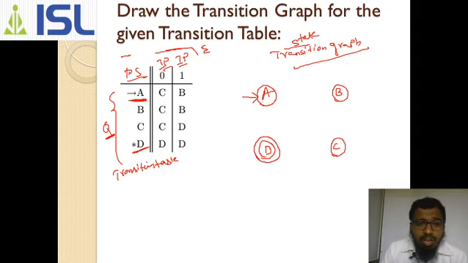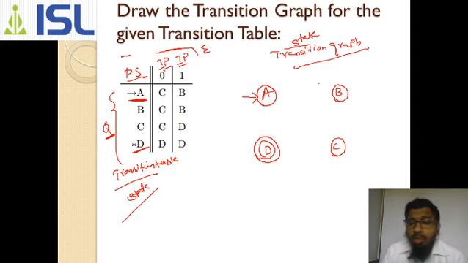This is a transition table or state table, anything you can say. So first we got the Q: A, B, C, D.